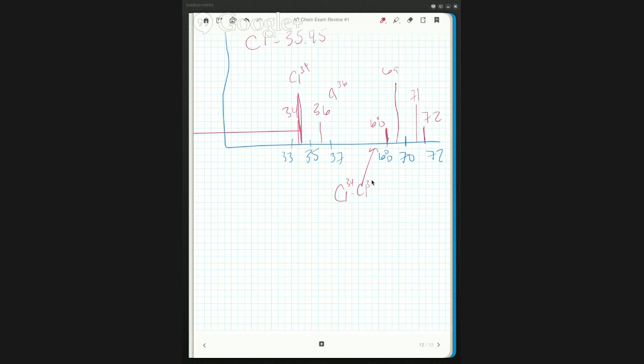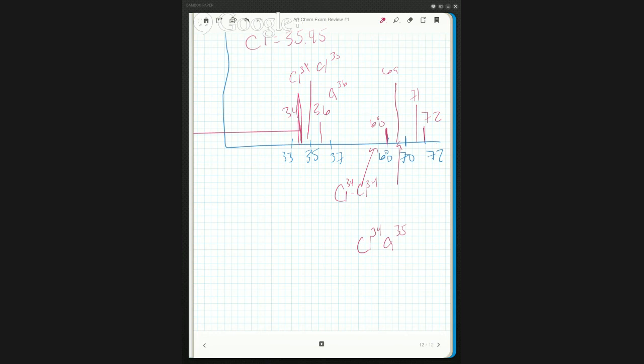So 2 chlorine 34s. This line right here, the 69, maybe it would be a chlorine 34 and a chlorine 35, which, gosh, I guess I would have to have a bunch of those, huh? Something like that. I'm kind of making this up because I'm not doing a fantastic job, but you're getting the idea that you're going to have to piece together. It'd give you all these things and identify the peaks. So I wish I had a better example.